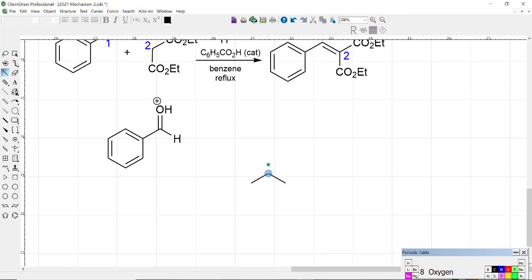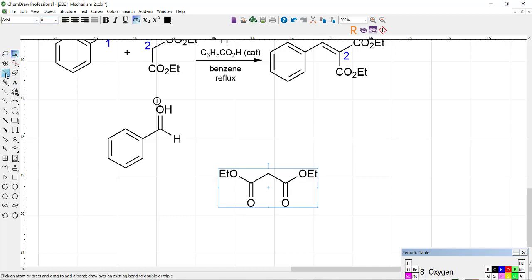So I'm just going to draw both, and then put the O here, the O here, and then the OEt, and OEt as well, and then resize it to make it look okay.